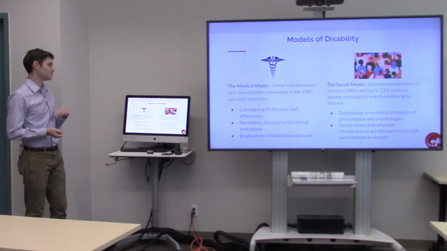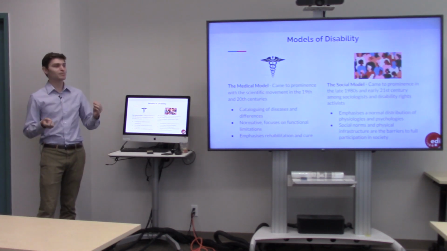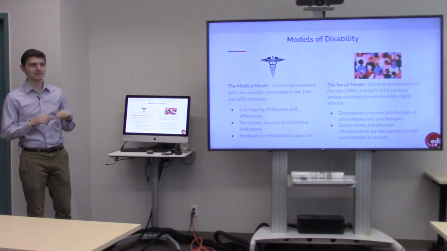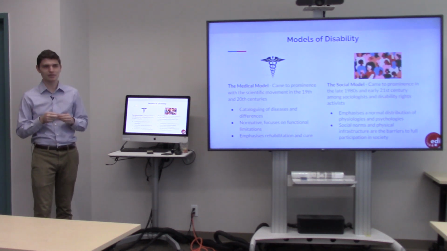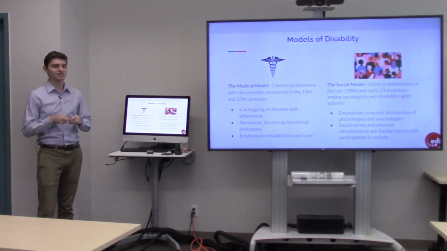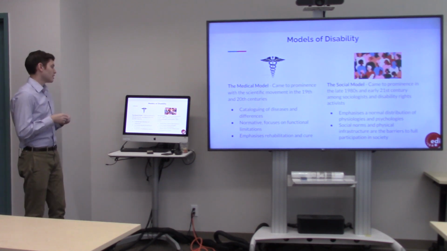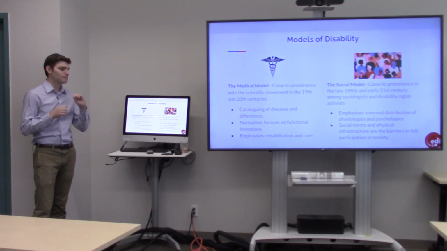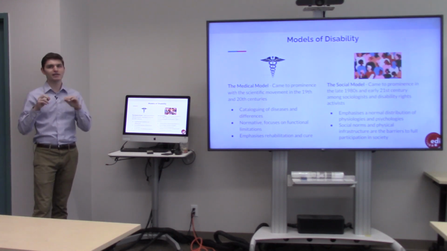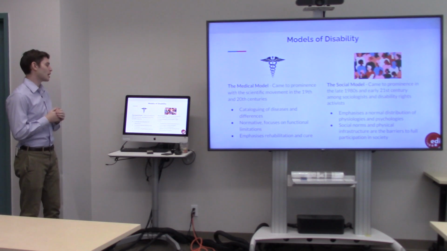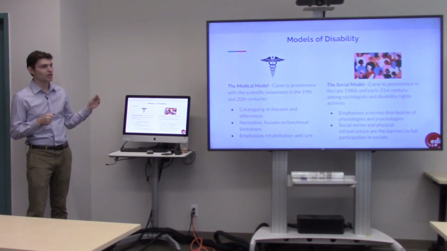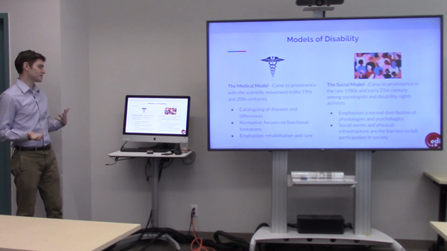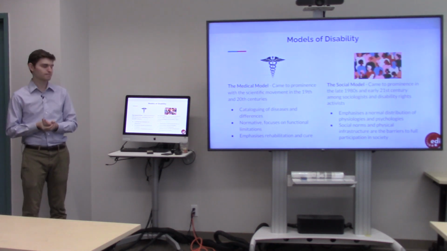Diseases were very common. At the same time, the scientific movement was starting to catalog people and their experiences and describe anatomical differences and injuries and how to treat them. So what that really was describing was normative ideas of function and functional limitations in the population. And then alongside that, especially through the 20th century, as medical technology got better, there was an emphasis on rehabilitation and cure.